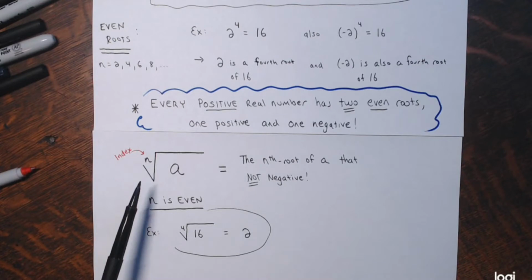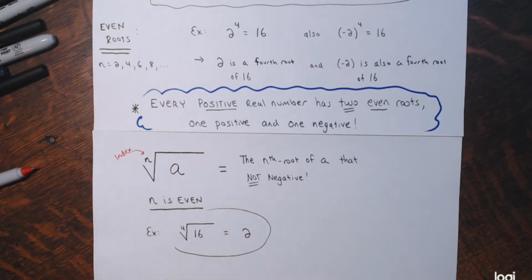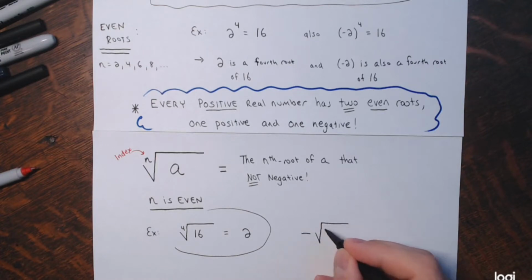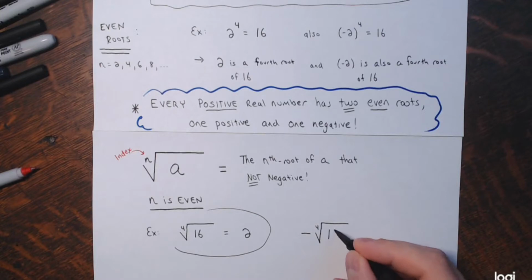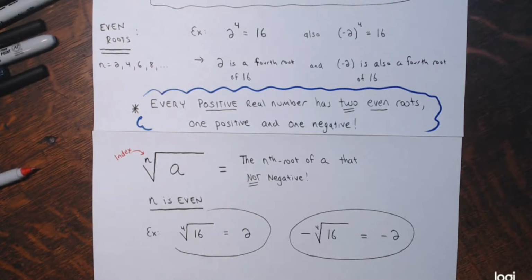When you see these even root symbols, the result can't be negative. The only time it will be negative is if there's a negative sign in front of it. If they wanted the negative fourth root of 16, they'd put a negative sign in front of it. This would be negative 2. But you should only have one number. Don't write plus or minus. That is incorrect.